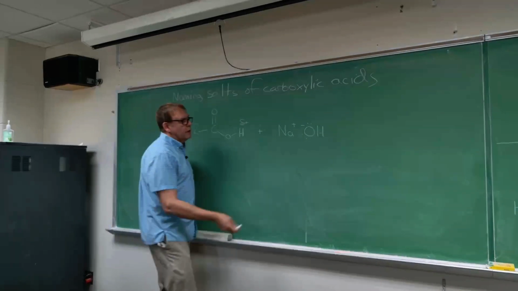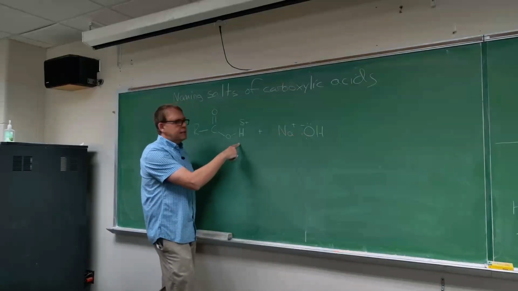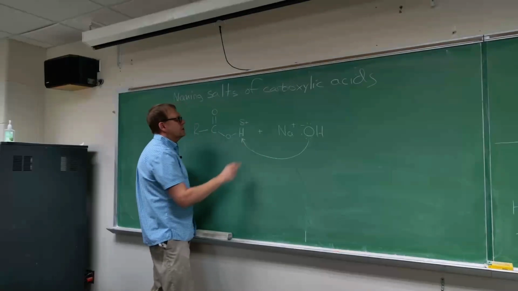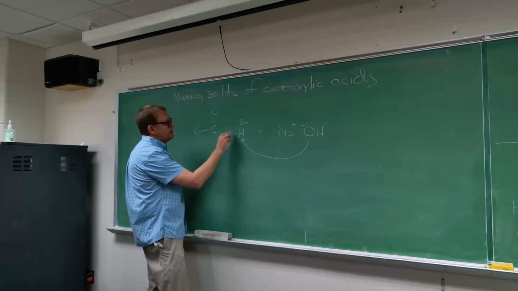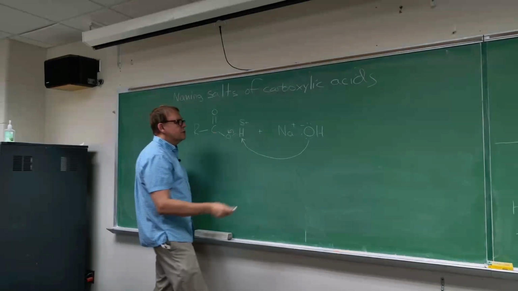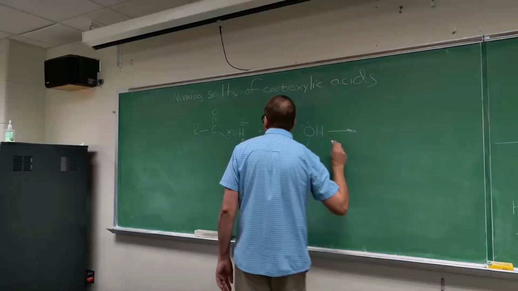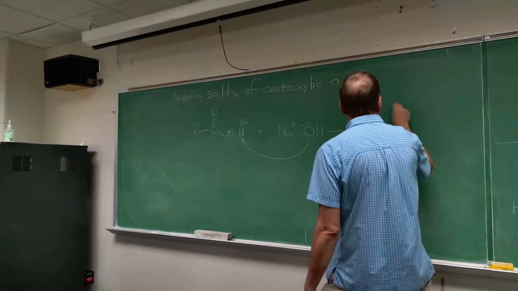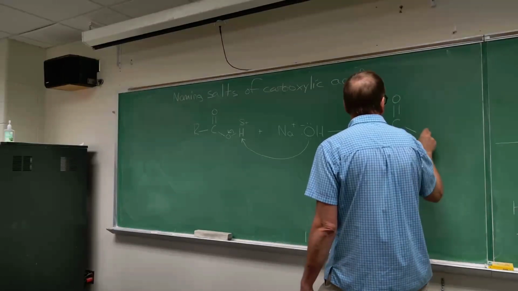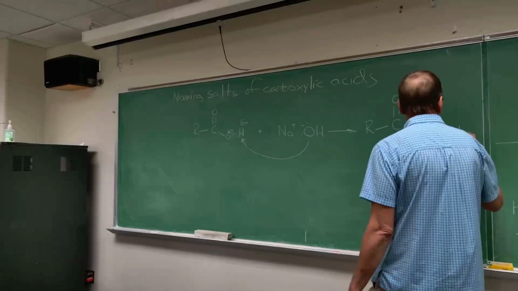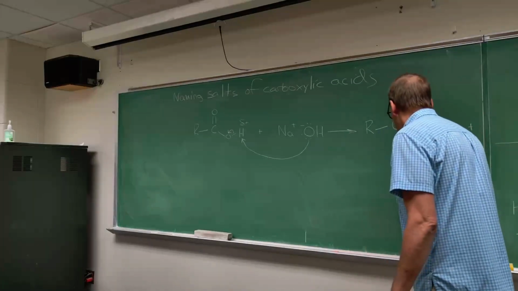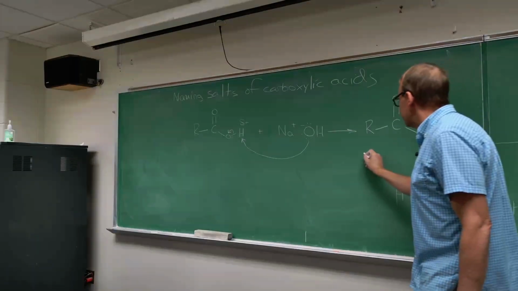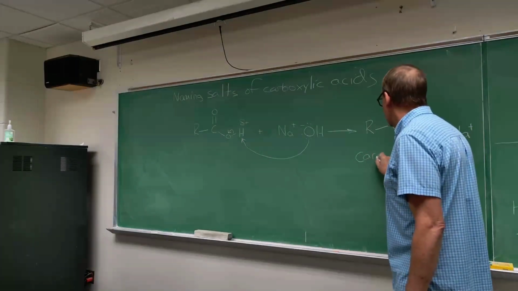So the negative and the positive like to get together, and so a pair of electrons on the OH minus comes and plucks the proton off of the carboxylic acid. The electrons go to that oxygen, and you have an acid-base reaction where you get this structure and water. So this is what's called a carboxylate salt.